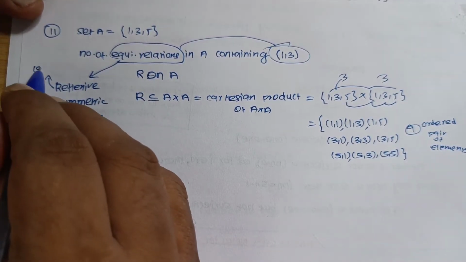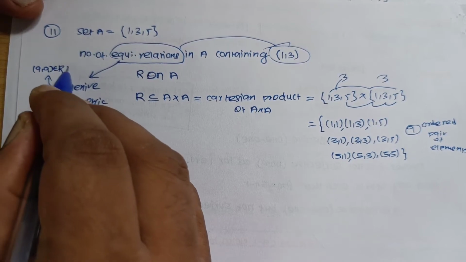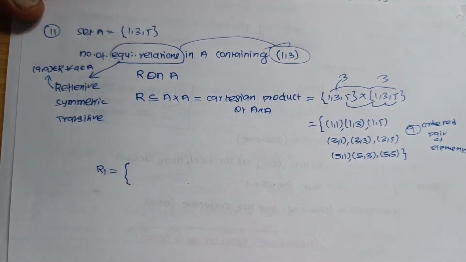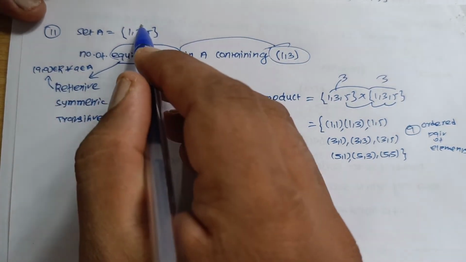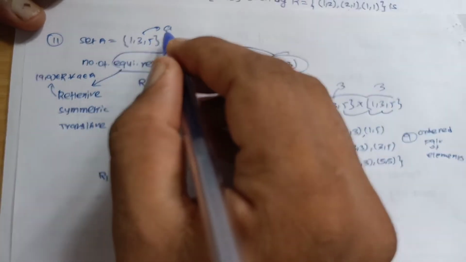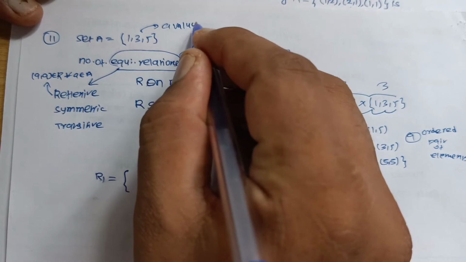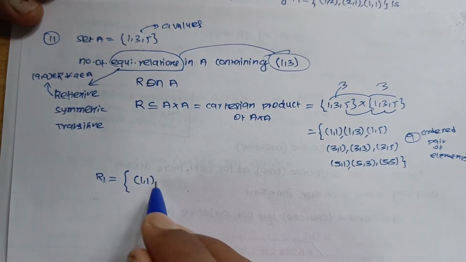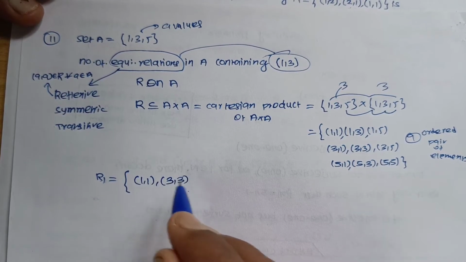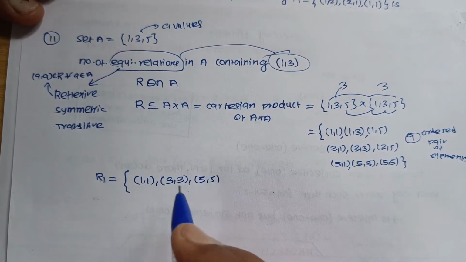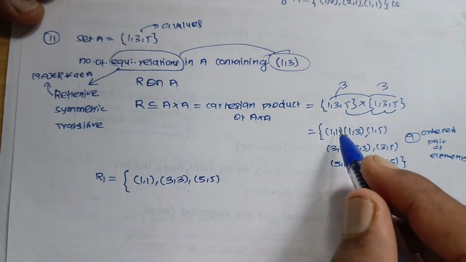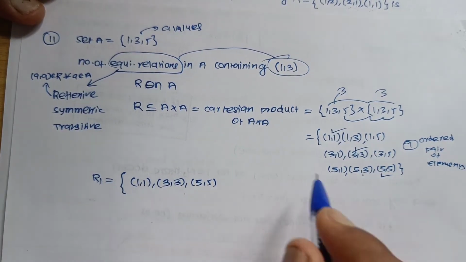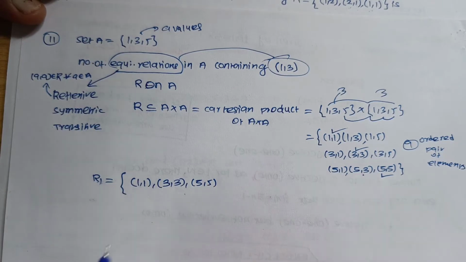Reflexive means (a, a) belongs to R for all a belonging to the given set A. Here A has 3 elements, so we need (1, 1), (3, 3), and (5, 5). We can take these ordered pairs from the Cartesian product.